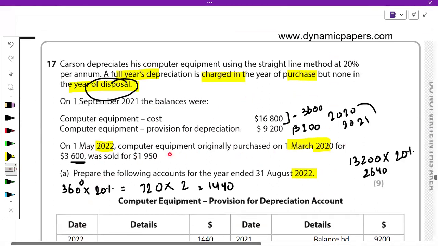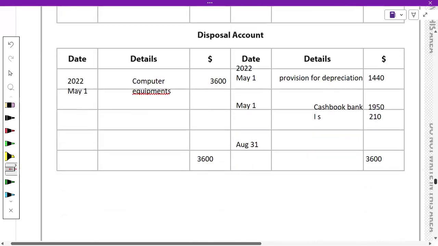The computer equipment, originally purchased on 1st March for 3600, was sold for 1950. So we received 1950. So our bank would be debited and disposal would be credited by 1950, and we have done it here.